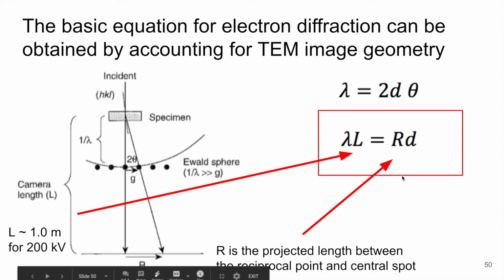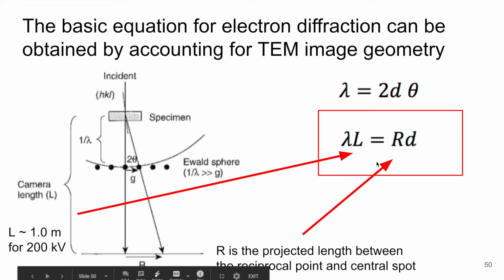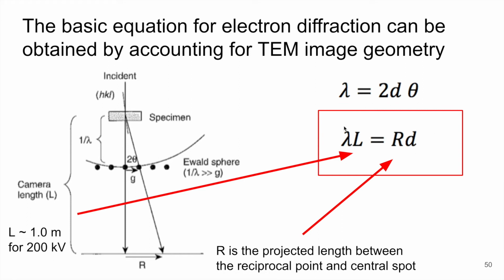And so in putting in the camera length in relation to R and g here, we can rearrange or simplify this expression to get our basic equation for electron diffraction. That is lambda, the wavelength, in this case of electrons, multiplied by the camera length, is equal to R, which is the projection of that vector, times the d-spacing.